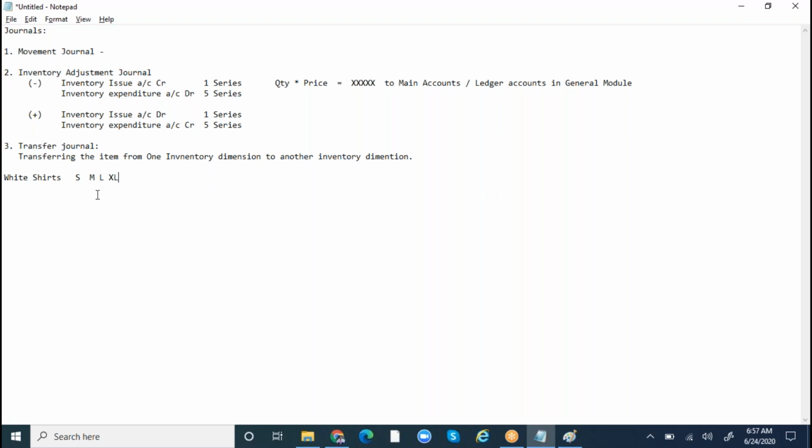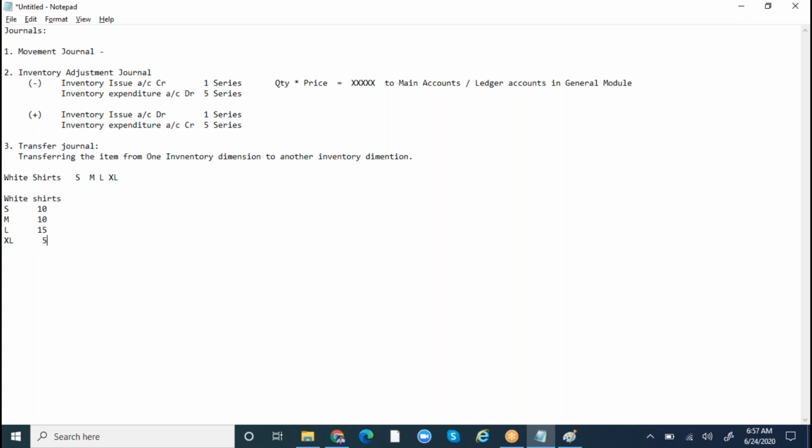Now for these white shirts, small size is 10 quantity, medium size 10 quantity, large size 15 quantity, because small movement is very less, medium of course fine, but large, in general the majority of people are purchasing.